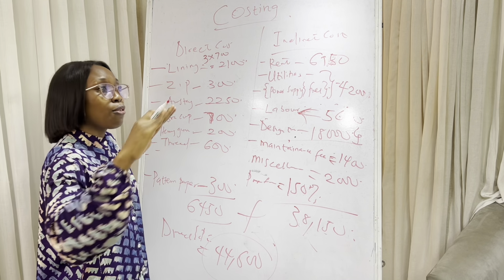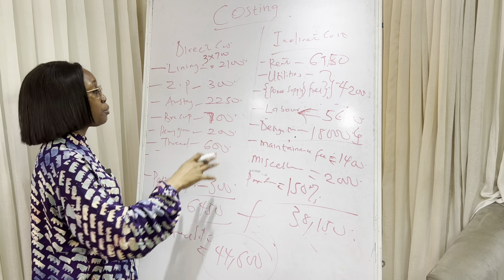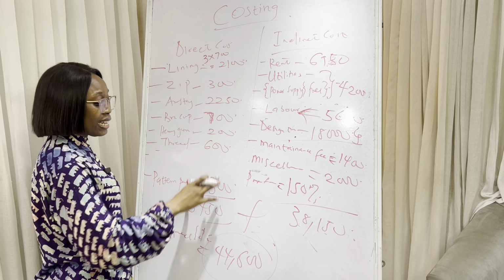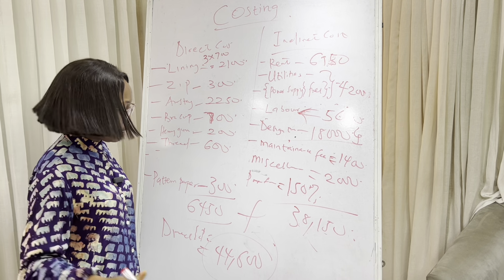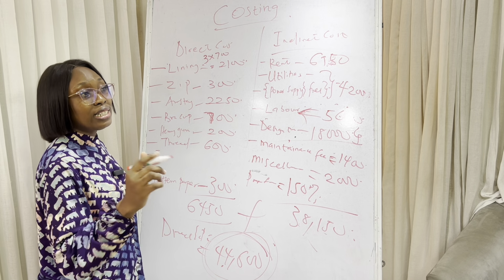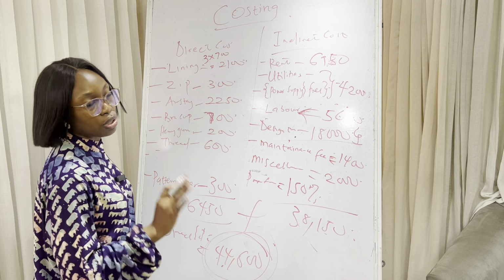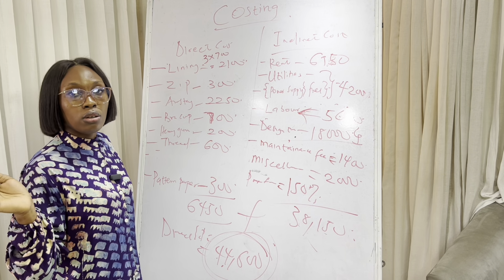You already know that on an average, I make 18 outfits in a month. So which means that on an average, if I'm charging anybody without even having any profit to it, I have to charge nothing less than 44,600. And when you're charging 44,600, you're not even making profit though. You're not even making a loss.